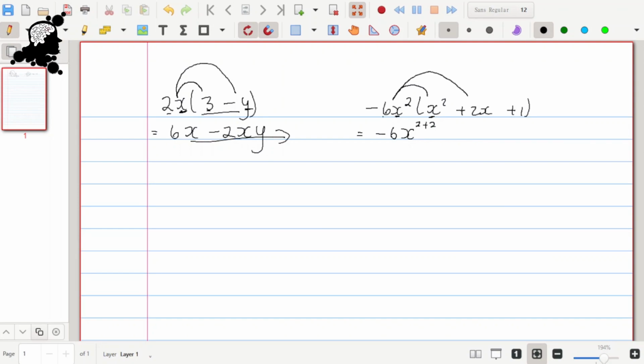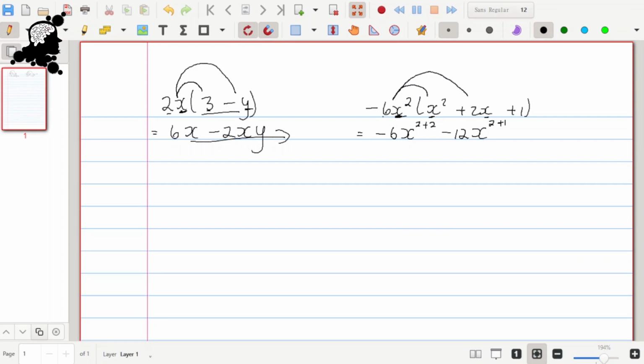Negative 6x squared times 2x. Multiply the coefficients. Negative 6 times 2, this is going to give me negative 12. I've got x squared and I've got x. Same variable, so I add the exponents. This is 2 plus 1.